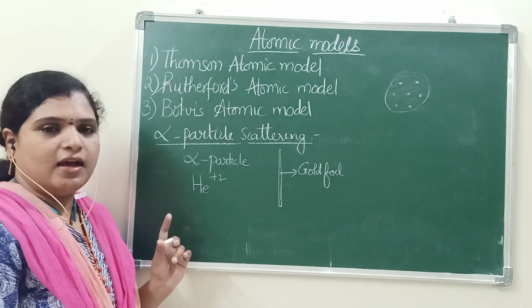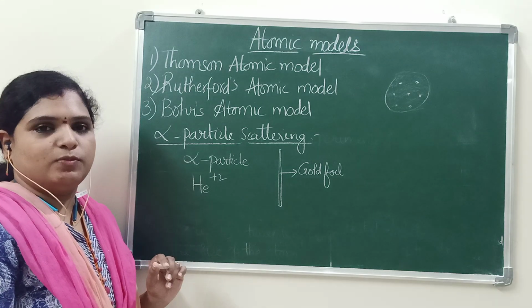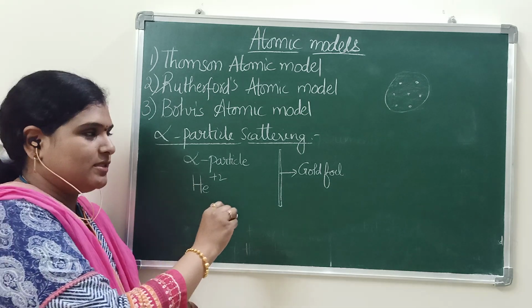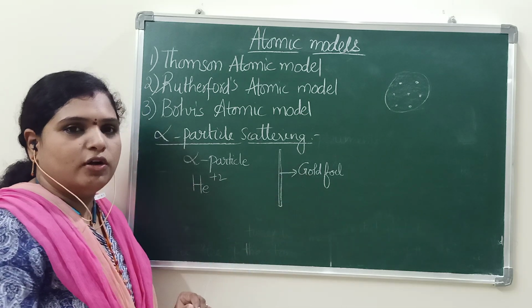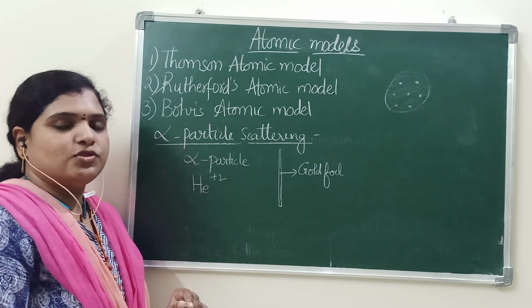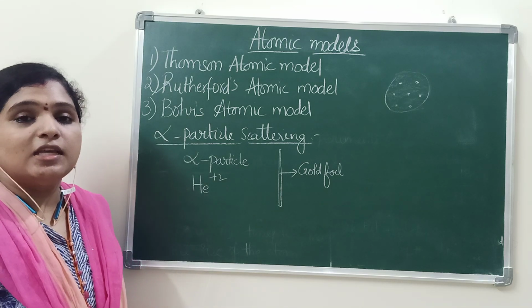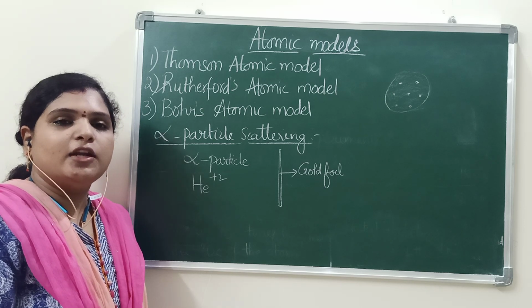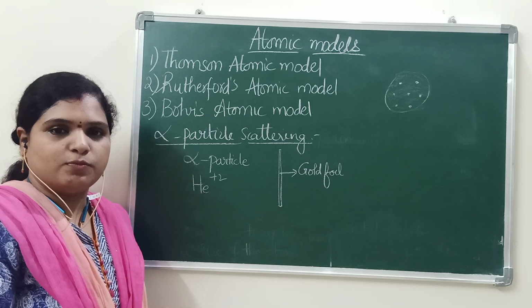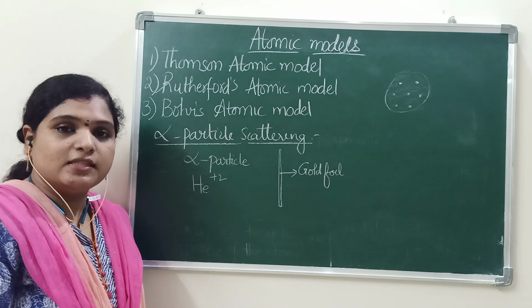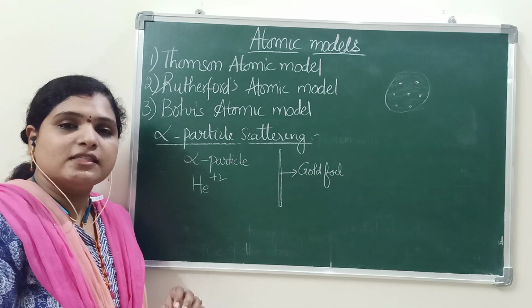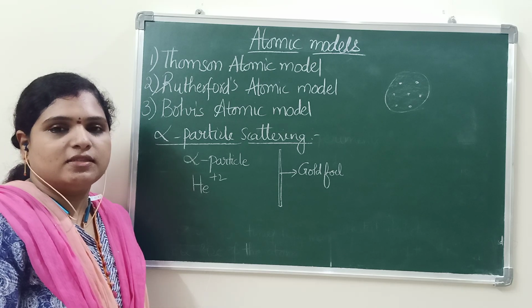He did the alpha particle scattering experiment, that means he passed those alpha particles onto gold foil. Why did he choose gold foil? Gold is a highly malleable metal. It can be made into a foil as thin as possible, so he could get a thin layer of gold as thin as 1000 atoms thick.